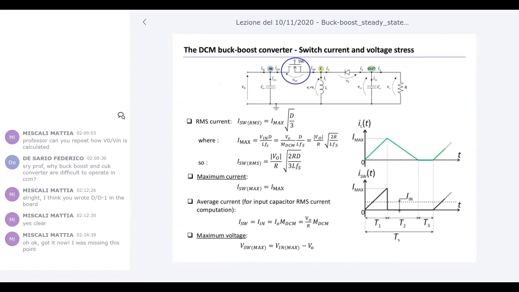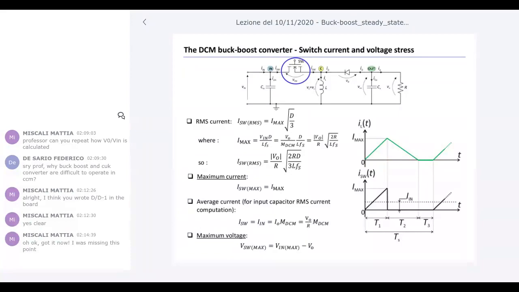Let me discuss this in a very short way, because now I think that you have the feeling how to, let's say, compute all these parameters. And so this is just a review of what we already did for other topologies. So nothing surprising here. We are in the DCM, discontinuous conduction mode, but we can apply the same reasoning already done.